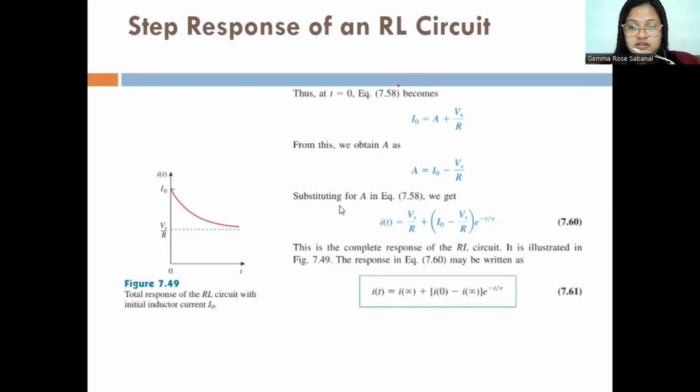Substituting for A in equation 7.58, we get this equation here, and this is the complete response of the RL circuit.